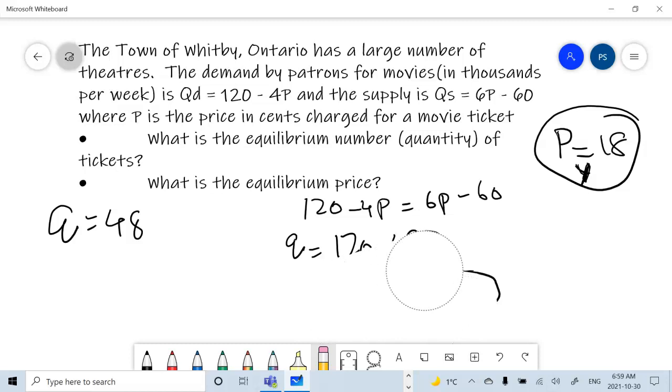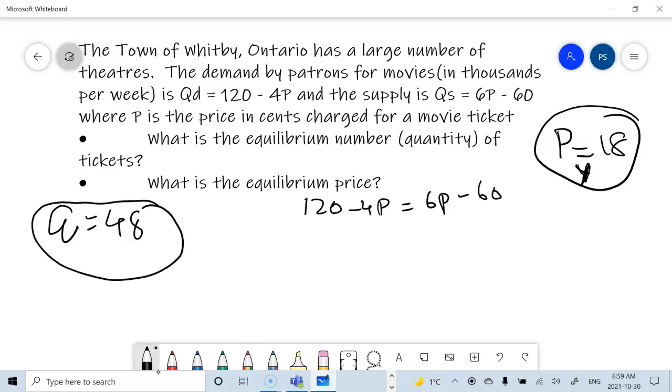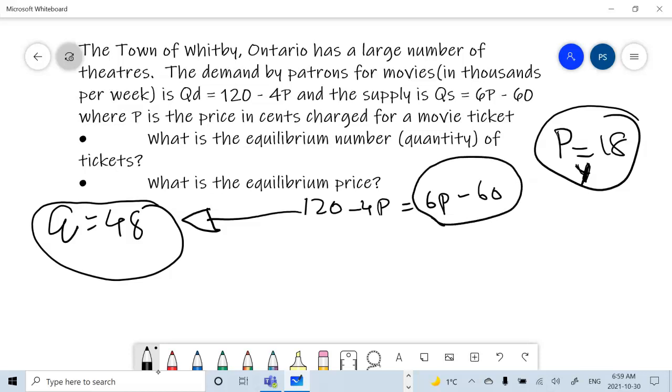So this 48 comes from this. But we need to cross-reference and check whether this 48 is the right number. In order to do that, you need to do the same thing for the supply side. So we'll do 6 bracket 18 minus 60.